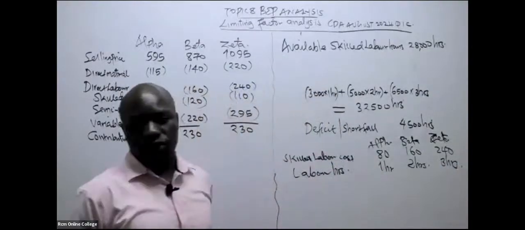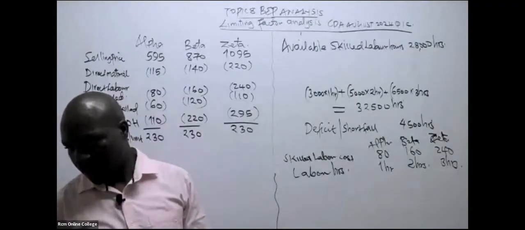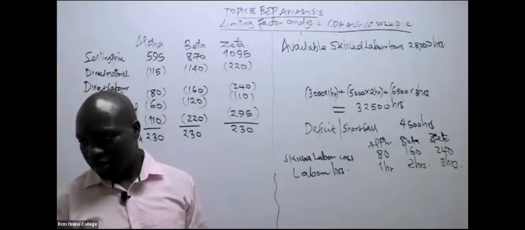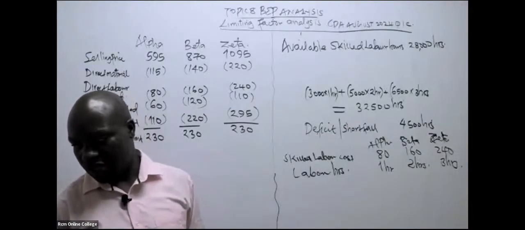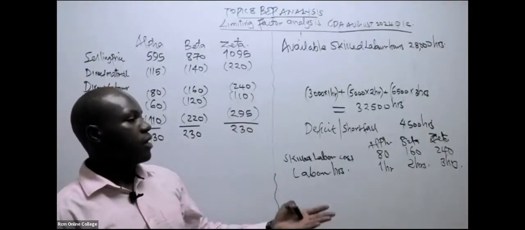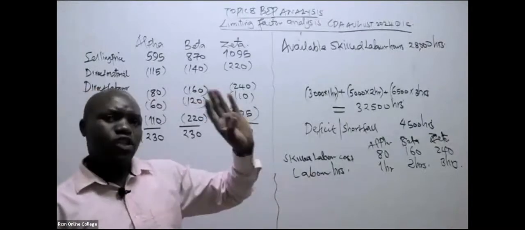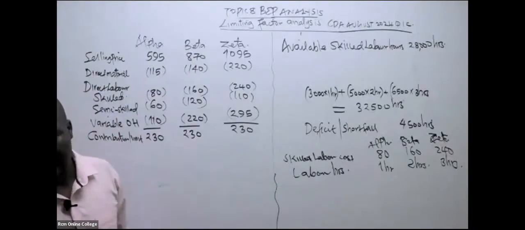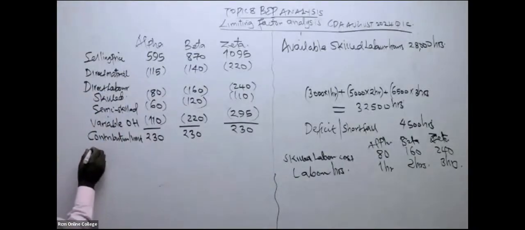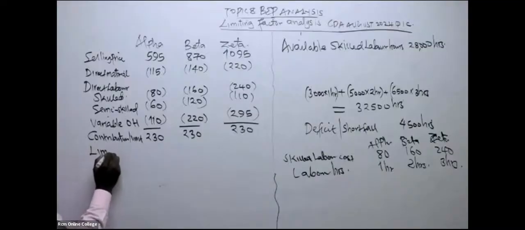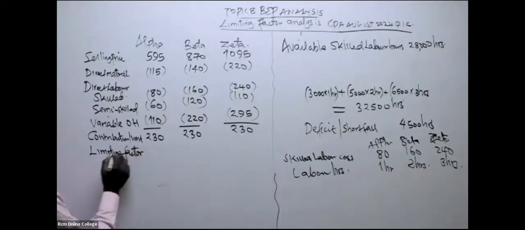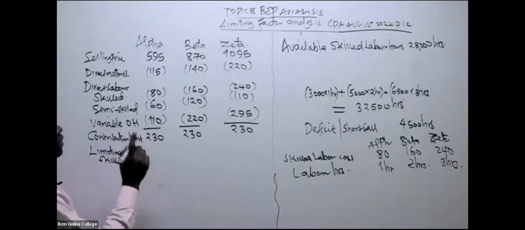Is your question taken care of? Great. Now, for us to rank these products based on profitability, I must consider the limiting factor per unit. Our limiting factor here is skilled labor hours.